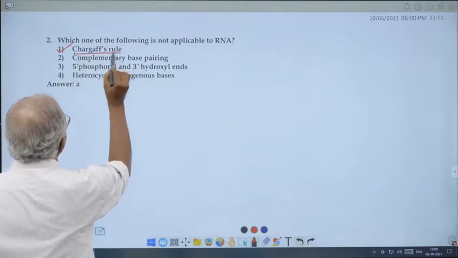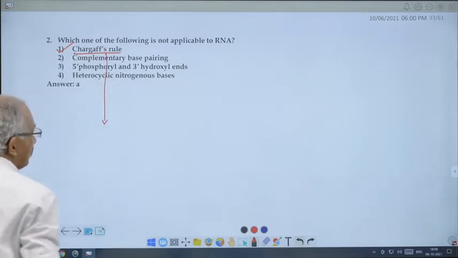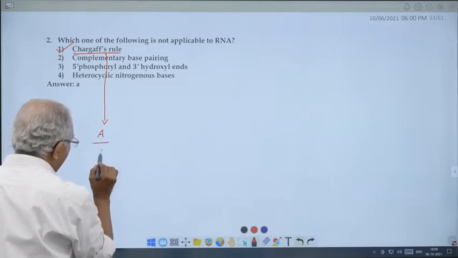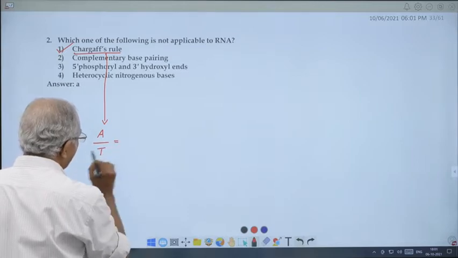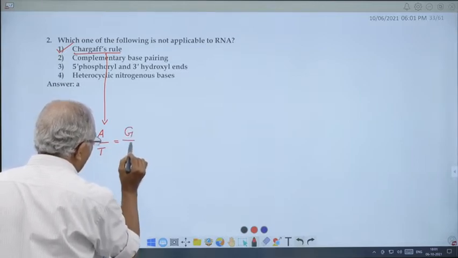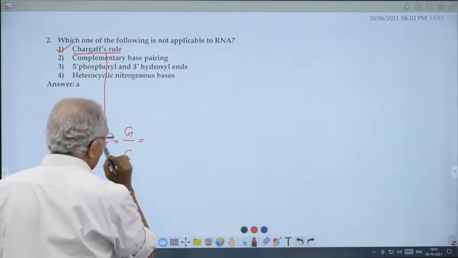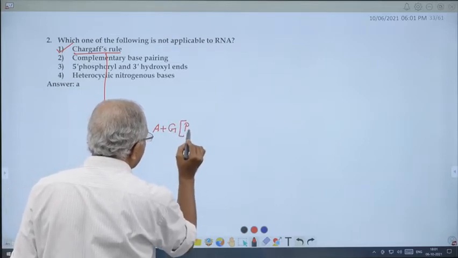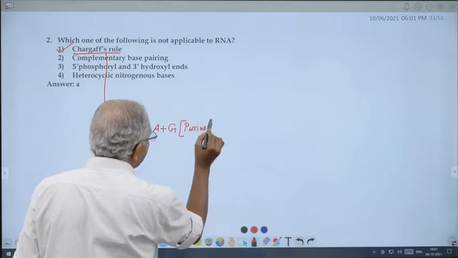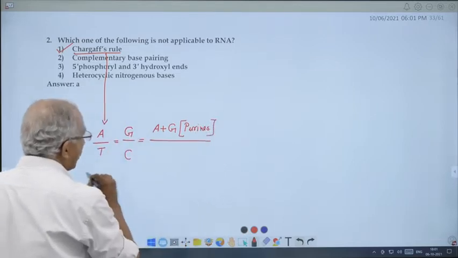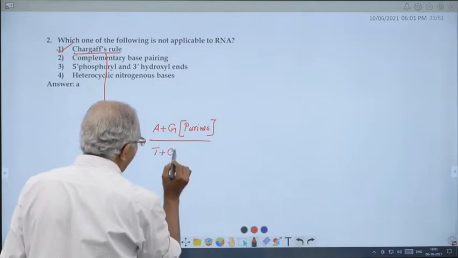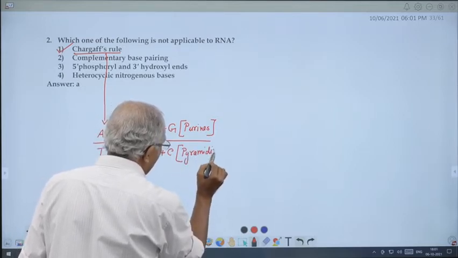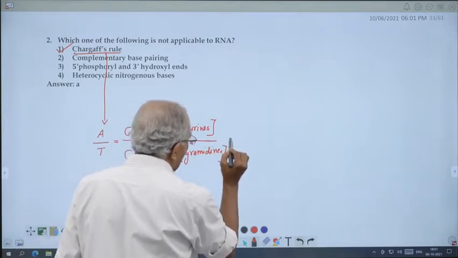What is Chargaff rule? Chargaff rule is given by A by T equal to G by C equal to A plus G, that is purines, divided by T plus C, they are pyrimidines, equal to 1.